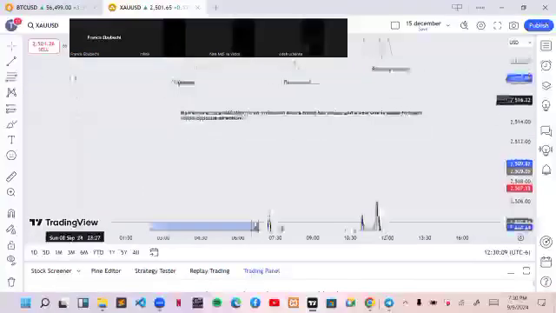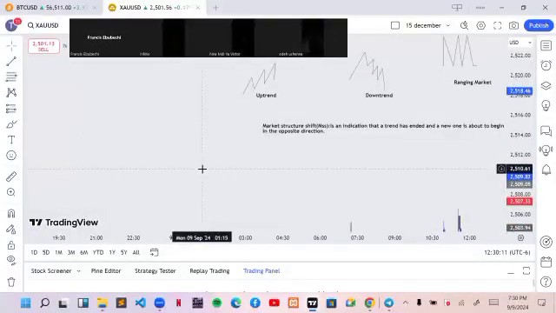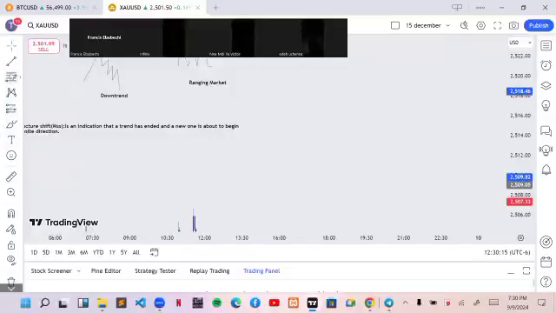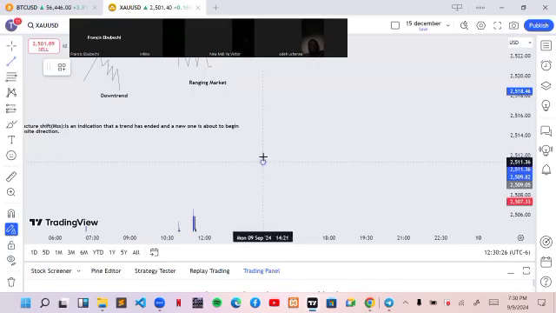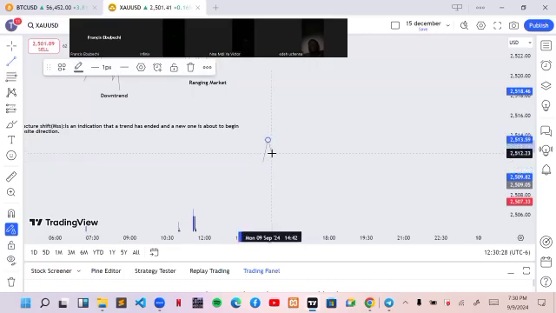For example, let's say the market was previously on an uptrend, something like this. You know what an uptrend is: the market is making a series of higher highs and higher lows. That's what it means for the market to be on an uptrend. So let's say this is what the market has been doing: higher highs and higher lows, higher highs and higher lows.